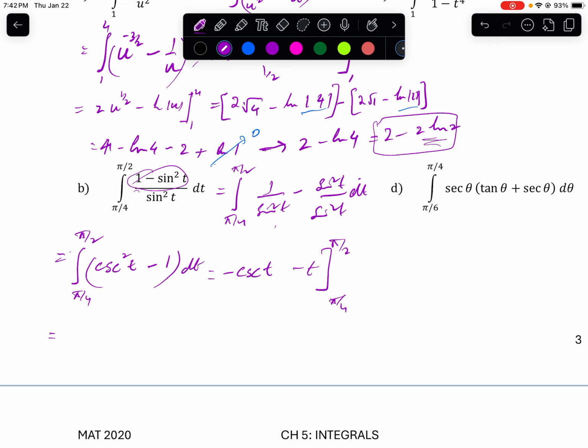So I have a negative secant of pi over 2 minus pi over 2, minus negative secant of pi over 4 minus pi over 4.